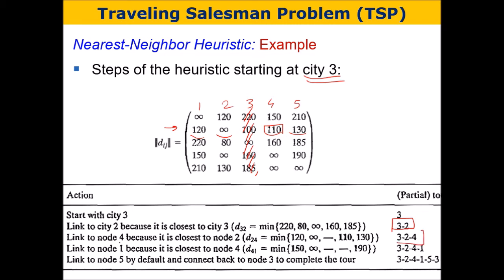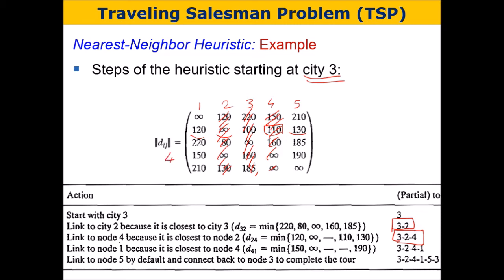Okay, so the next one is 4. Then, since we visited city 4, and also since we also visited city 2, you don't need to check that one, sorry. And we are currently at city 4.